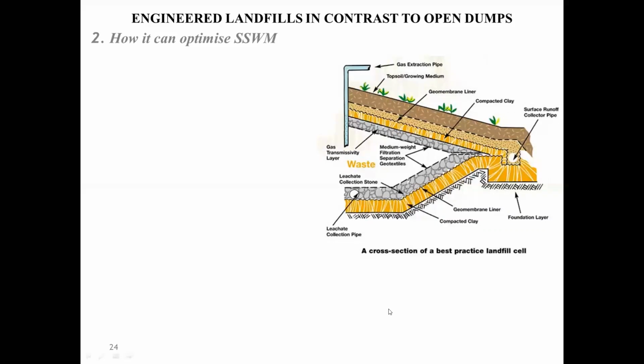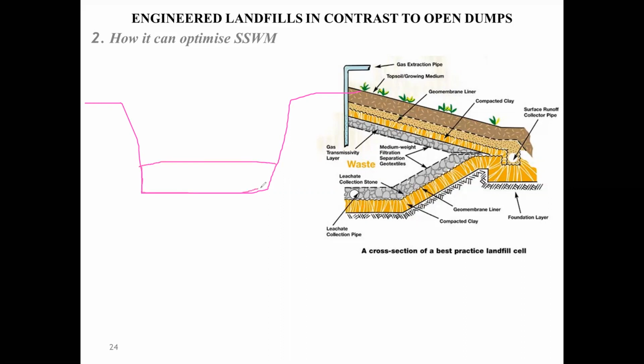If there is some degradation of material taking place in an area, on a given land or on a given natural valley section where you are dumping the waste, we are least bothered about the process of degradation. How the waste is going to be degrading, we're not going to be worried.